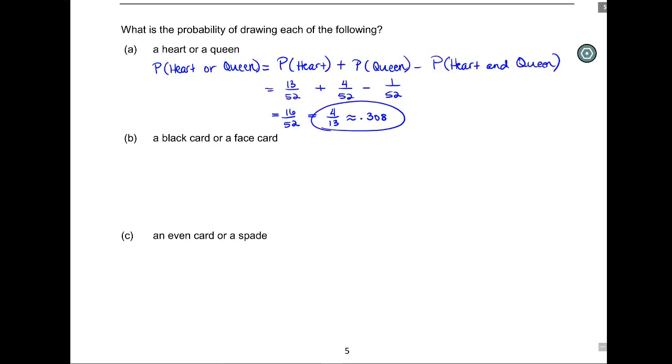Right, so we have the probability of a black card plus the probability of drawing a face card minus the probability that we have a black face card. There's 12 face cards.